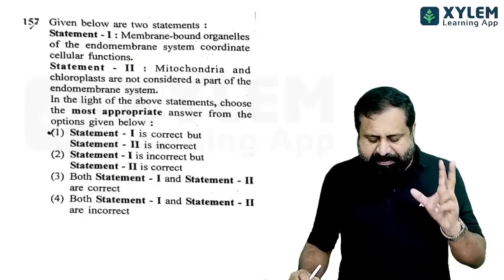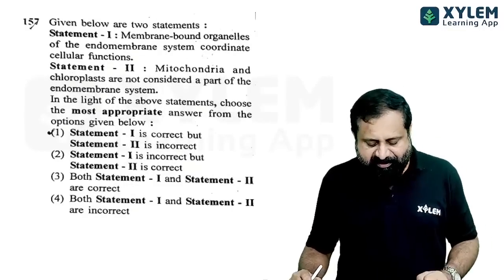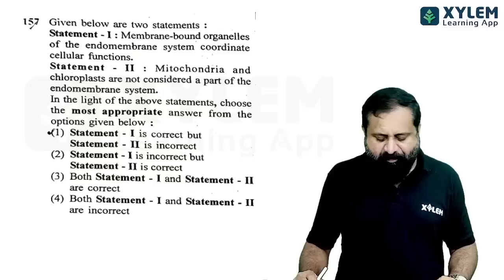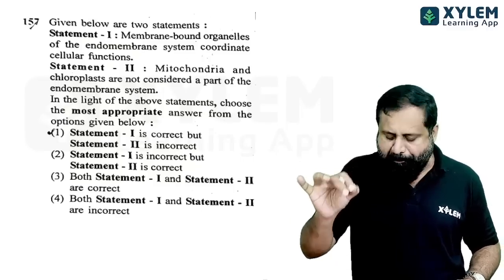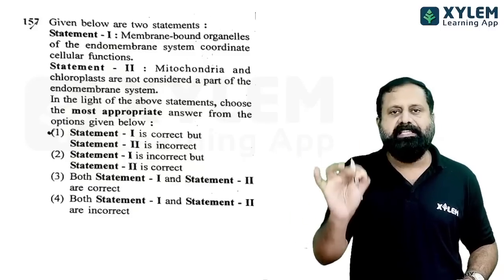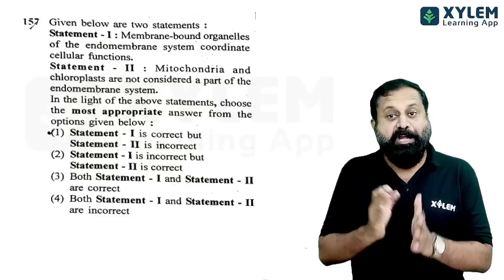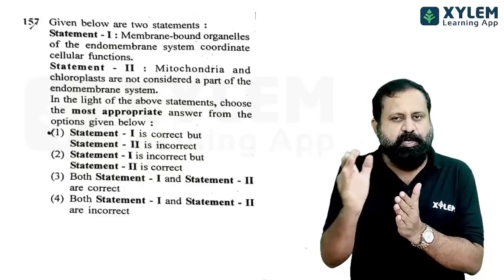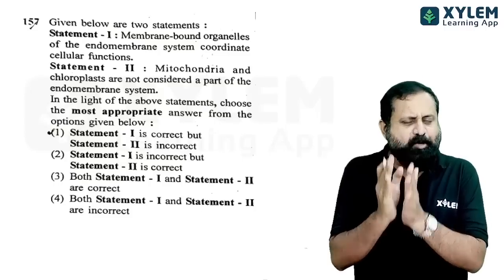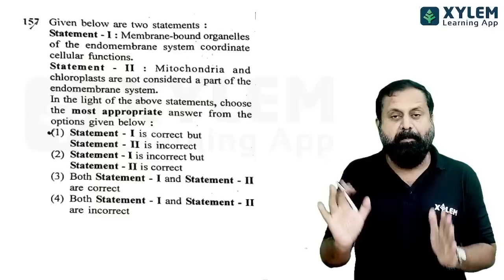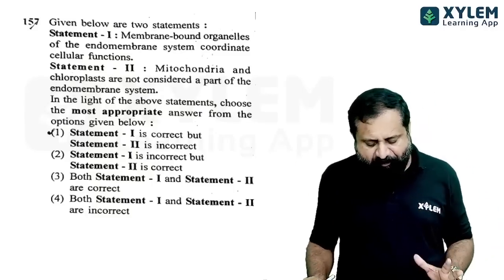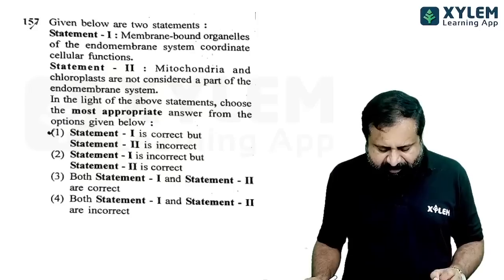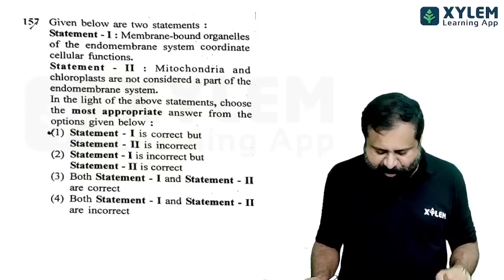157. Two statements are given there. Just read it. Statement 1. Membrane bound organelles of endomembrane system coordinate cellular functions. Endomembrane system, you know, in the cell, the unit of life. In that topic, you can see this particular paragraph. Same statement in NCERT. Statement 1 is correct.